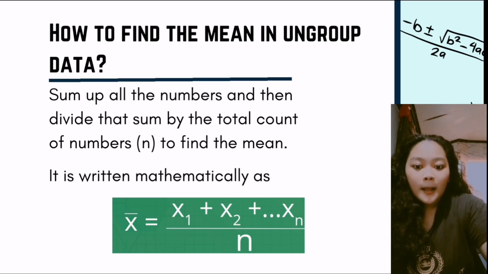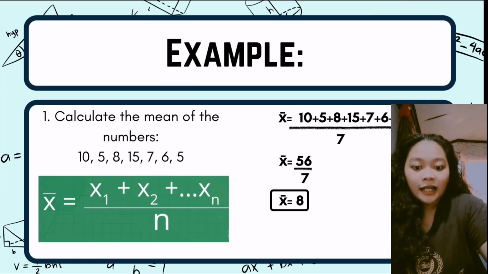Basically, we just add all the given numbers and then divide by the total count of the numbers. For example, calculate the mean of the numbers 10, 5, 8, 15, 7, 6, and 5.